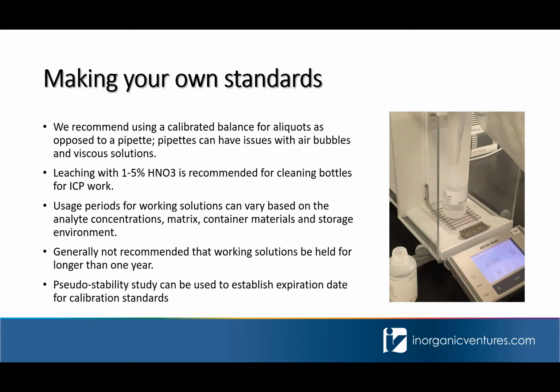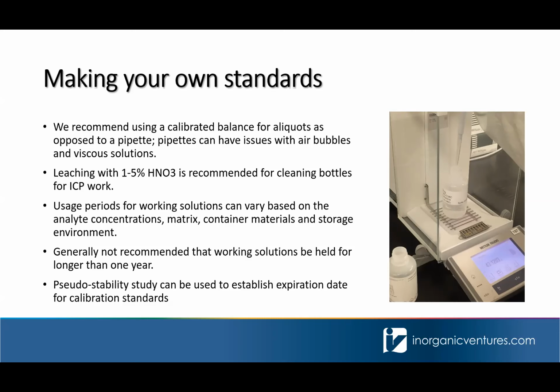We're using an analytical balance and weighing out an aliquot of our material to ensure that we're not having issues like an air bubble from our pipette or an issue with the viscosity of a solution. In general, we feel that pipettes aren't suitable tools for highly accurate and precise work.